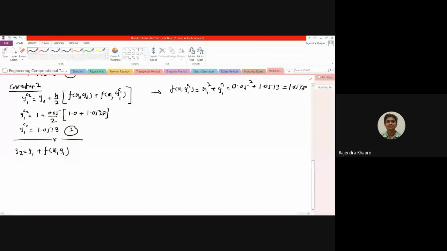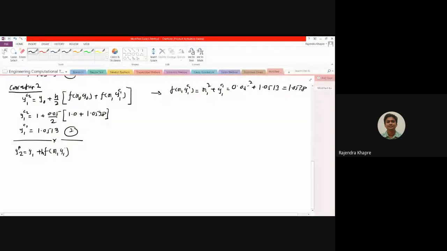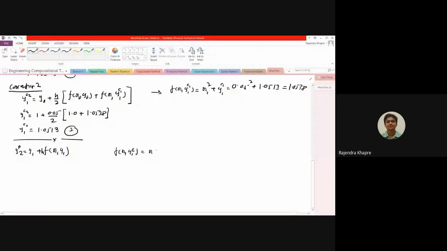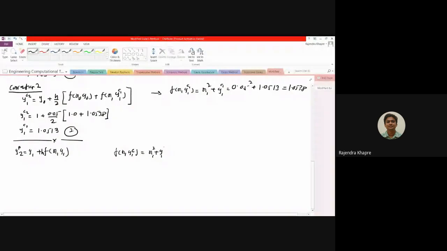This should be the predicted value. Here the value y1 should be taken as the final answer, which is 1.0513. So for y2 predicted, the value of f of x1 y1 corrected will be x1 square plus y1, and this is the corrected answer.